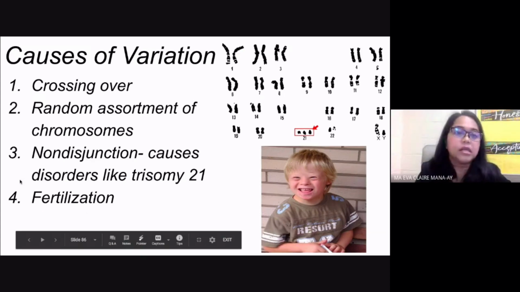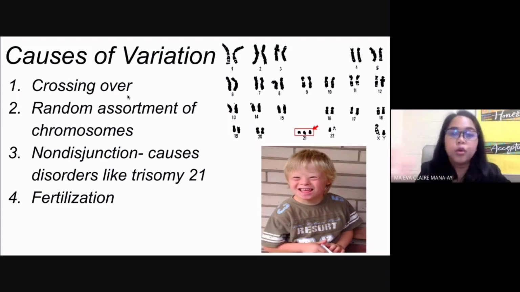So again, these are the different causes of variation that we have. Crossing over, which happens during meiosis, specifically prophase 1. We'll get to the different stages of meiosis after this. You also have random assortment of chromosomes, which happens during metaphase, during the alignment of your chromosomes.